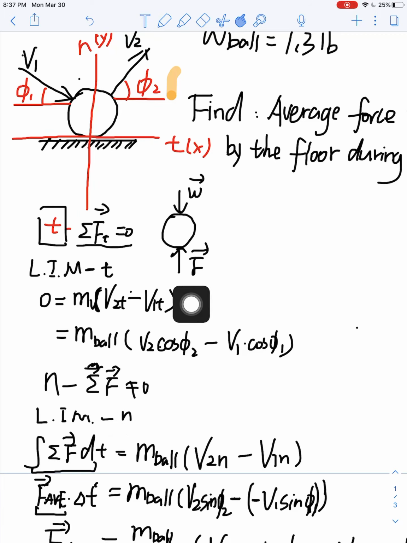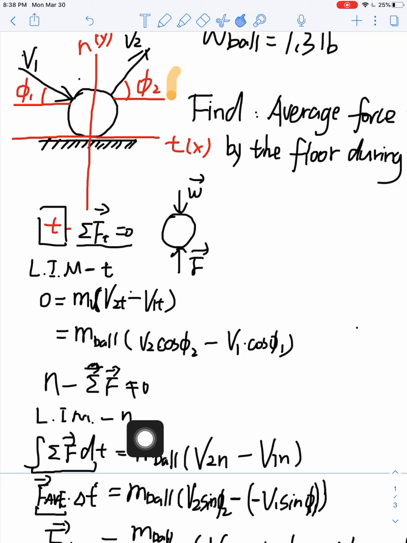If we look at n direction, that is the vertical direction, and we do have two forces, the weight force and the impact force, and the sum of the forces is going to be the difference between these two forces. That is not equal to 0, since the impact force will be much larger than the gravitational force.